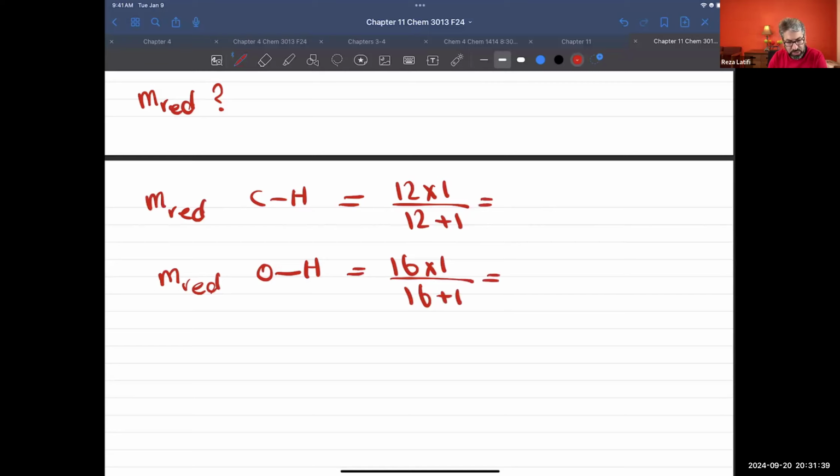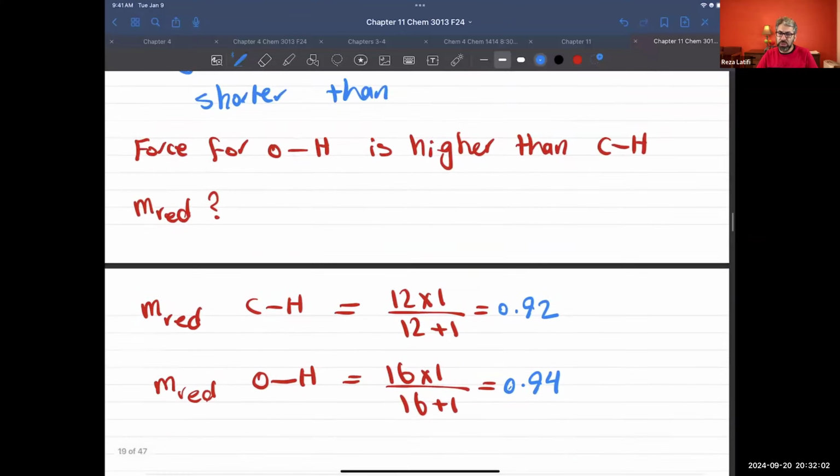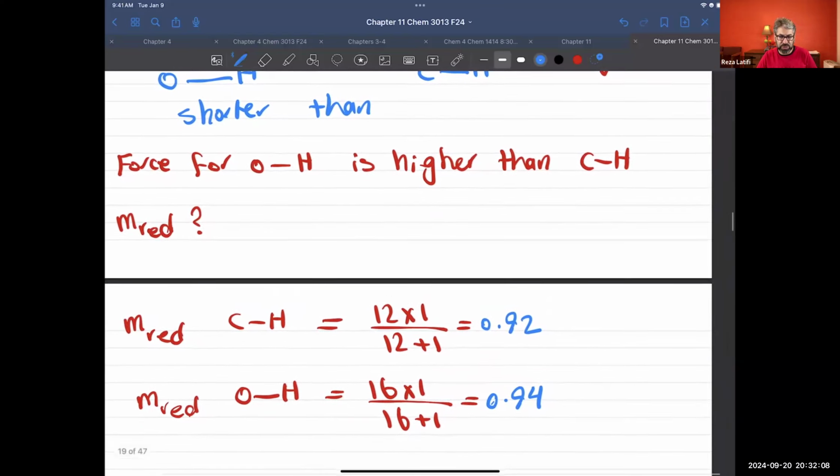Okay, let's get the relationship between those. So we have 12 divided by 13. That's going to give us 0.92. And 16 divided by 17, this one is 0.94. So the reduced mass is working against the frequency here.